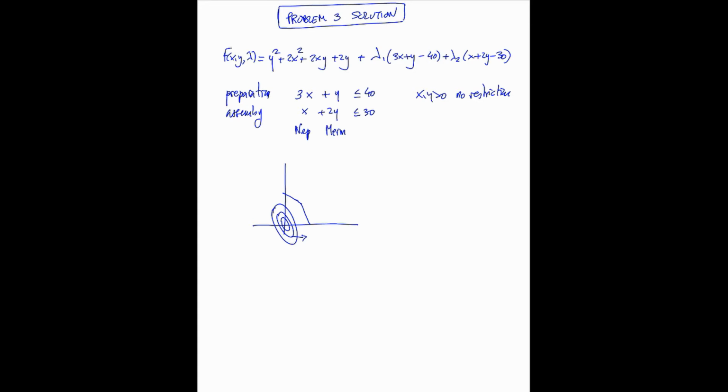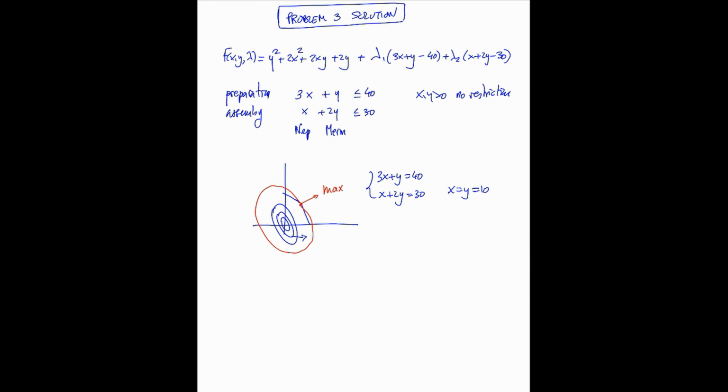And you can see, let me change to green, that the biggest ellipse which we're looking for is this one here. This is the maximum, which is at the intersection of the two lines, 3x plus y equals 40 and x plus 2y equals 30, where x equals y equals 10. Okay, so let's go about solving and check this is the maximum.